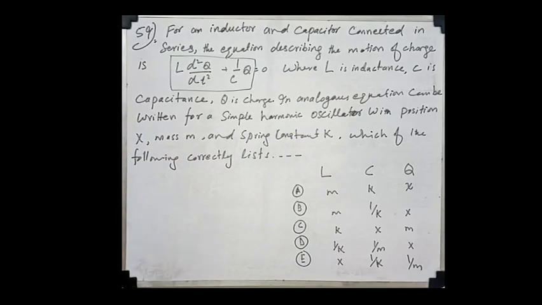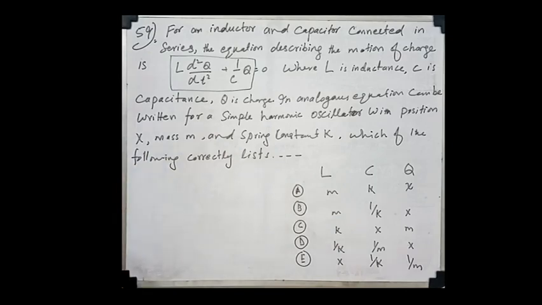So we have to compare two equations. The first is the oscillation equation for a circuit having an inductor and capacitor, and the second is the simple harmonic oscillator equation for a mass-spring system, where x is the displacement, m is mass and k is the spring constant.